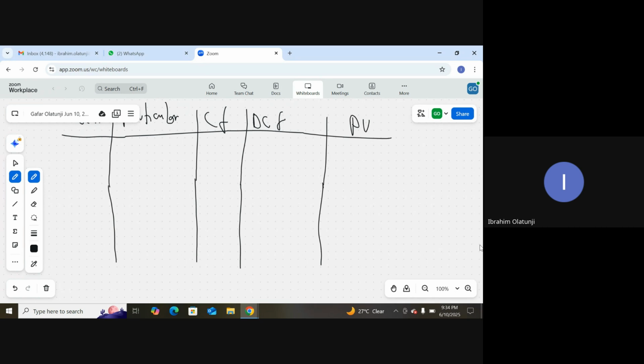From the question, you look at the number of years given to us, which is 5 years. So meaning we have year 1, year 2, year 3, year 4, year 5.